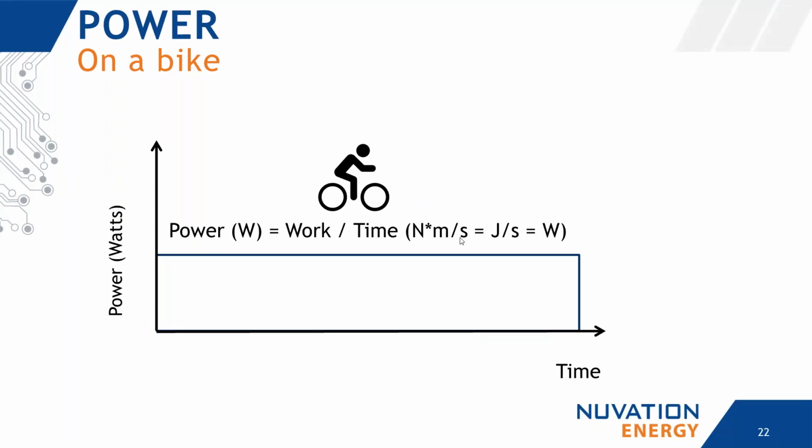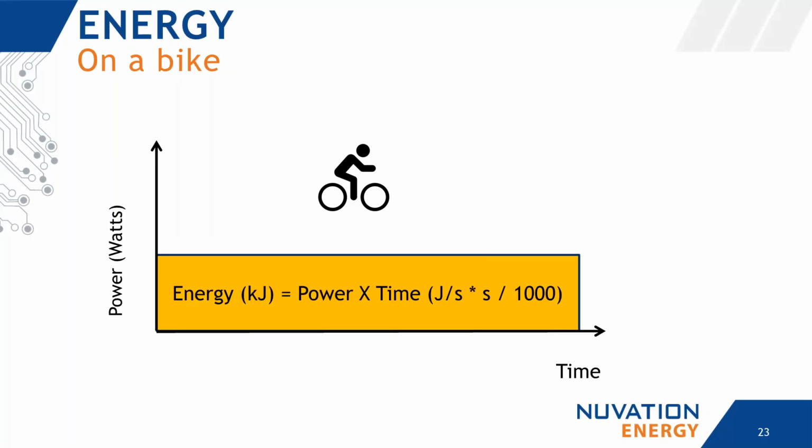And then that's over a certain amount of time, which is seconds. That then is equivalent to 1 joule per second, which would then get us to watts. And if you think about pedaling, if you're pedaling faster or you're pedaling with more force, you are then doing more work and you're generating more power.